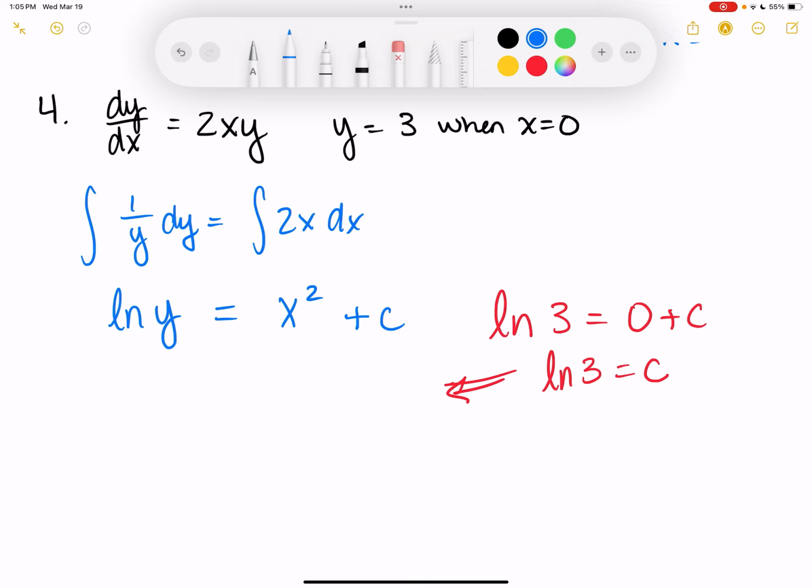Do we use log? ln is log base e. How about I raise e to both sides, which would give me y equals e to the x squared plus C.